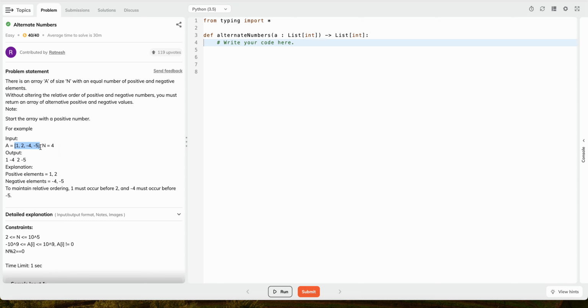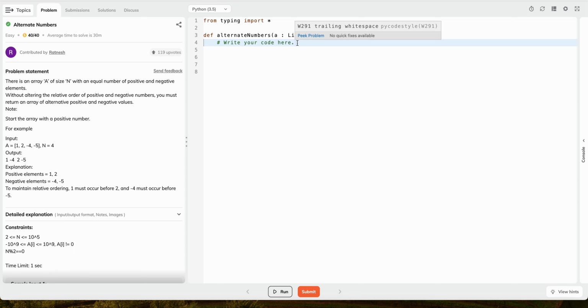So, we're going to iterate through the array. If we encounter a positive element, we are going to place it at the positive position, and if it is a negative element, we are going to place it at the negative, which means odd position. All right, so let us solve this question.